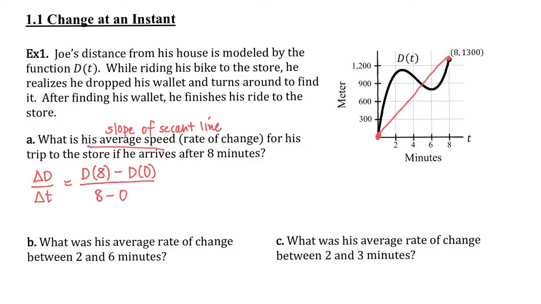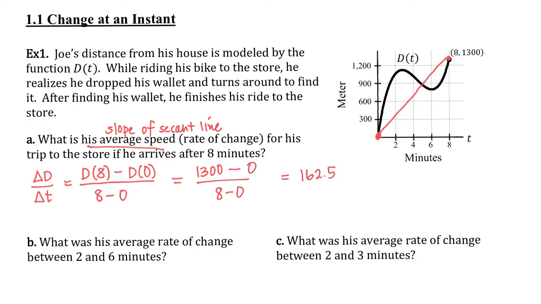Change in time, 8 minus 0. So at time equals 8, he's at 1300. d of 0, well, he started at 0, 0. So 1300 divided by 8 is going to give me about 162.5.